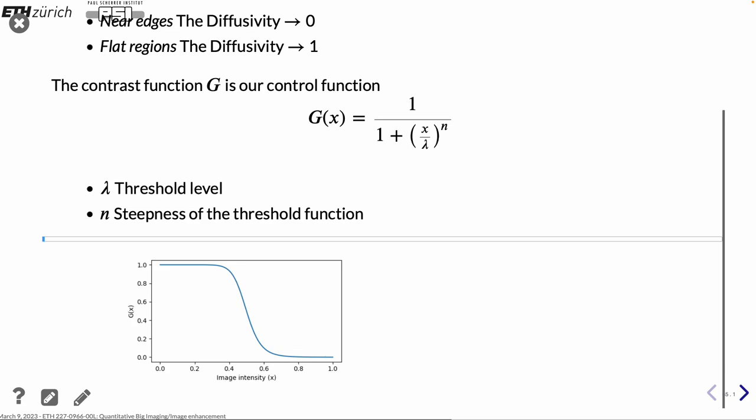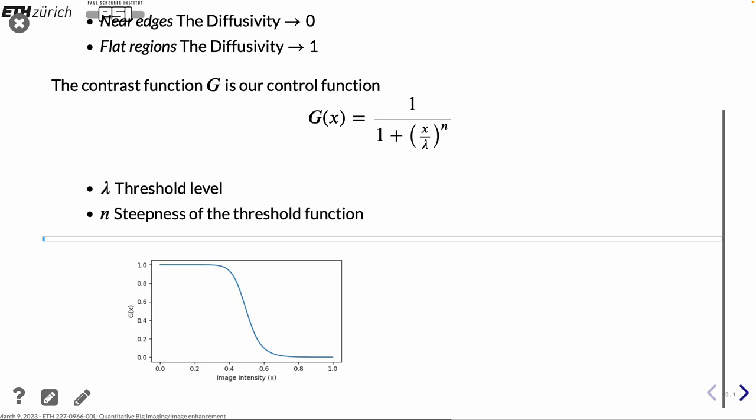The thing that we want to control, use to control the diffusivity, are edges. So, looking at the image, you can see that the edge is the place where you don't want the diffusivity to continue.